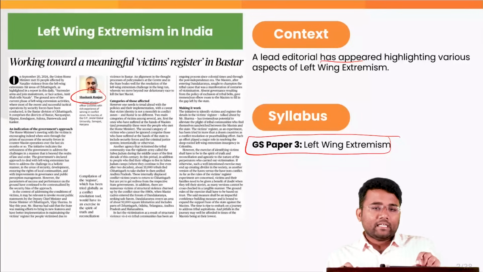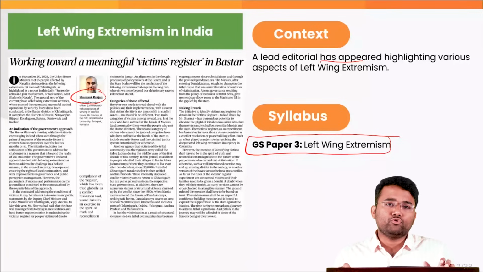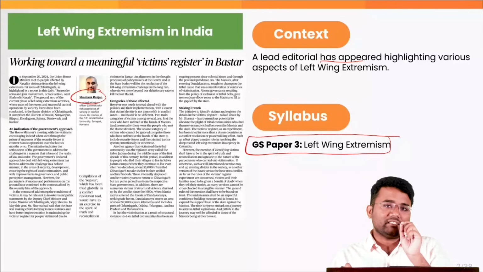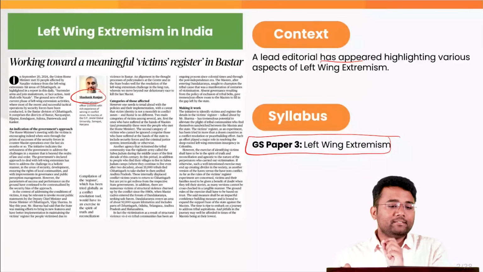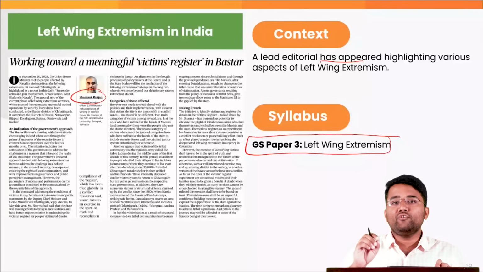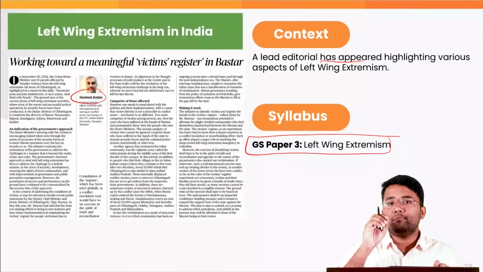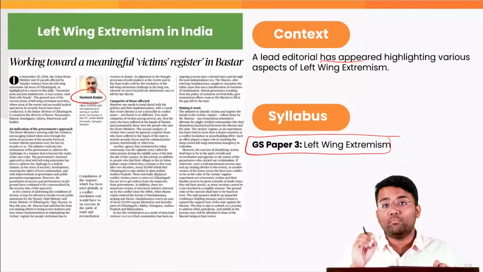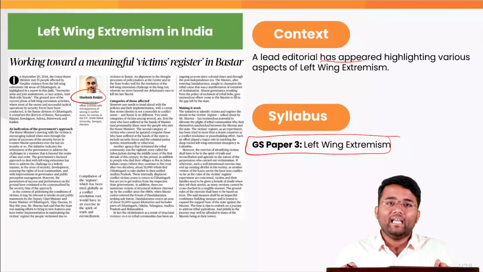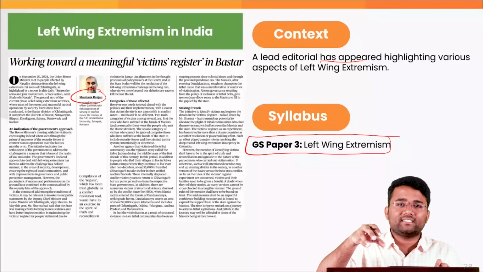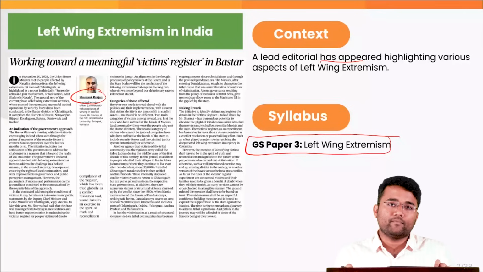Since the writer has also used this word Salwa Judum, what does this mean? Salwa Judum literally means the peace march or purification hunt. This was a militia which was specifically mobilized with the intention of addressing Naxalite violence in some regions of Chhattisgarh, like Bastar.